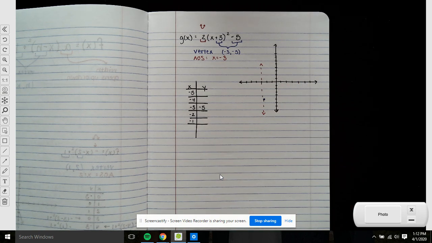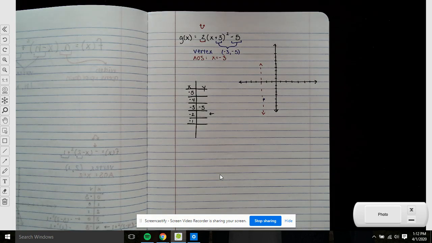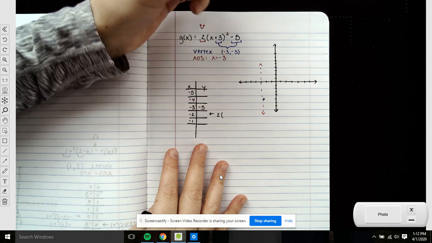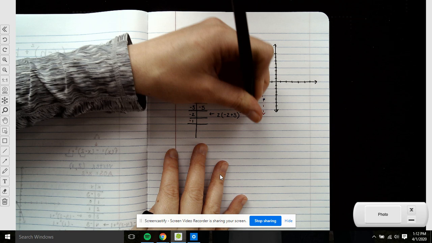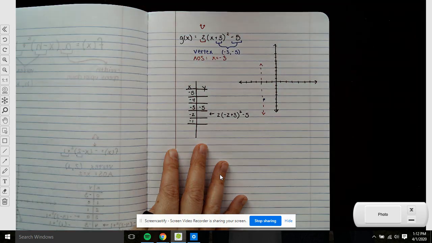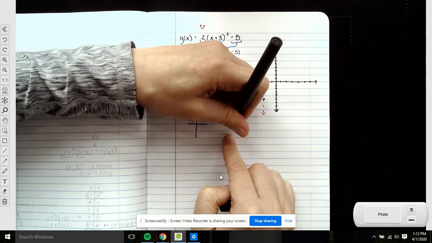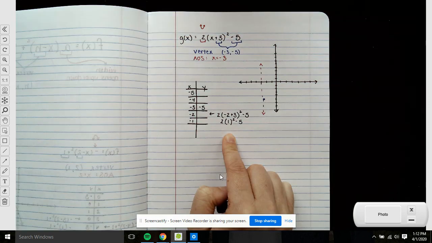All right, so the first one I'm going to plug in is negative 2. So if I plug in negative 2, I've got 2 on the outside, negative 2 plus 3 squared minus 5. So order of operations says do the parentheses first. So I've got 1 squared with a 2 outside minus 5. 1 squared is 1.